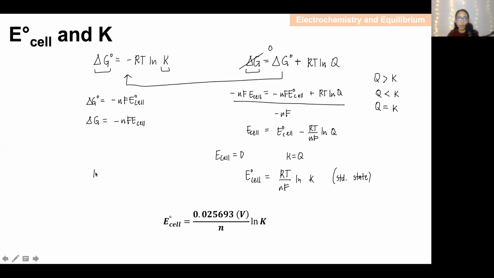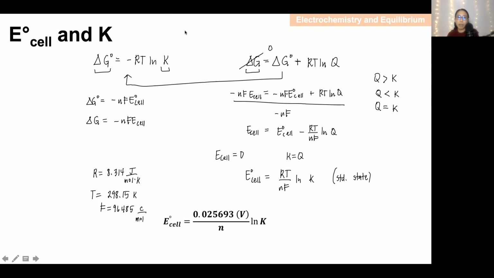R here is defined as your universal gas constant in joules per mole per Kelvin. Temperature will be defined as 298.15 Kelvin. And of course, we have Faraday's constant, which is 96,485 coulombs per mole. If we plug in these constants, we actually get this value, and the remaining variable is just the electron number.